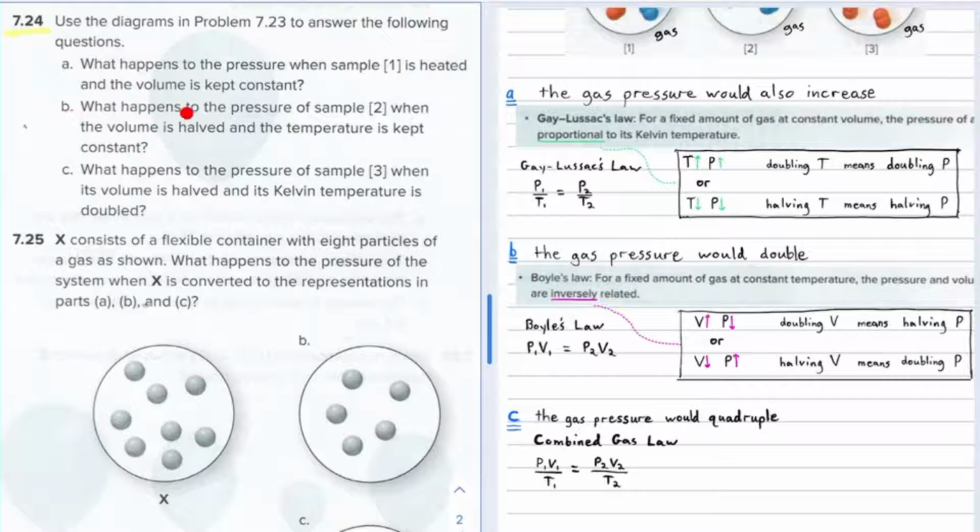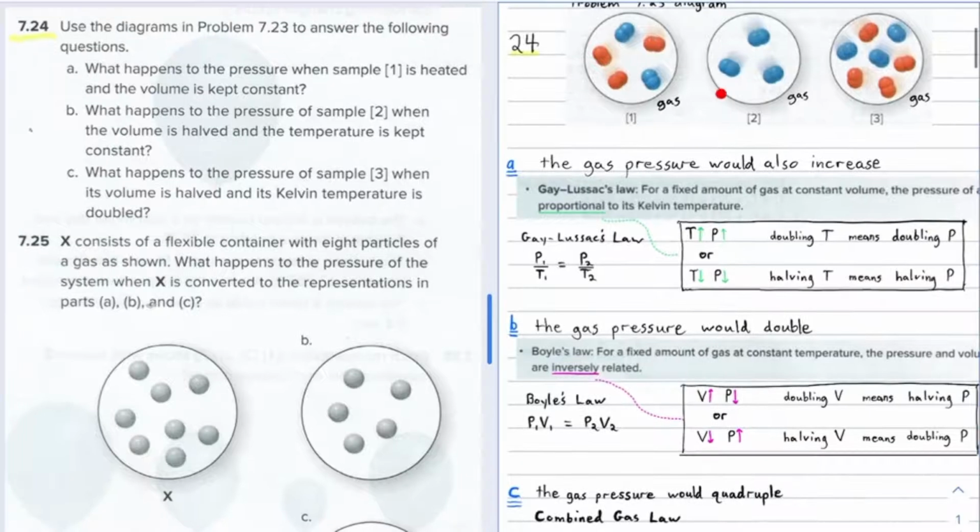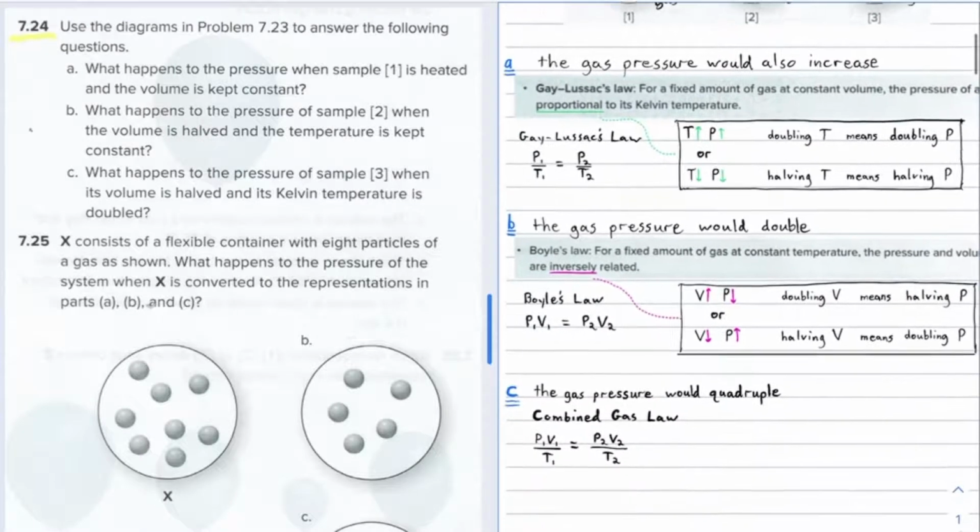Now, B is the next one. What happens to the pressure of sample 2 when the volume is halved and the temperature is kept constant? So here's sample 2. It actually doesn't matter, all that matters is that we're considering a gas. This time it tells us that the temperature is kept constant.